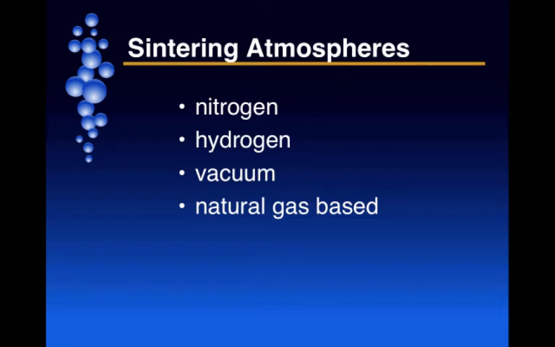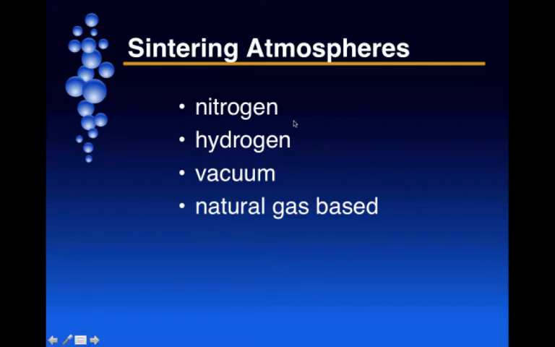And depending upon the reactivity of the powder, the presence of oxides, and so on, we might choose one or another. So for instance, if you're sintering aluminum oxide, you can sinter it in air. You don't have to worry about oxidation. You don't have to worry about getting rid of the surface oxide layer.